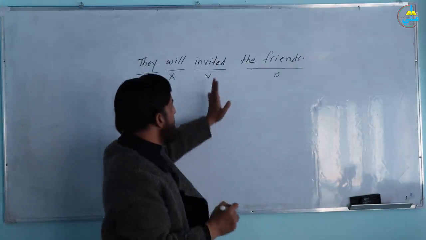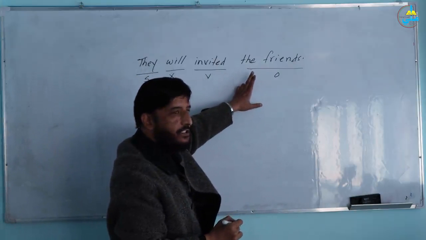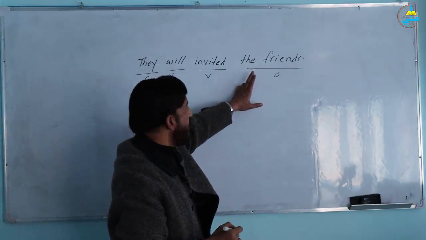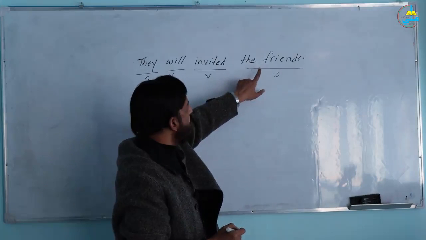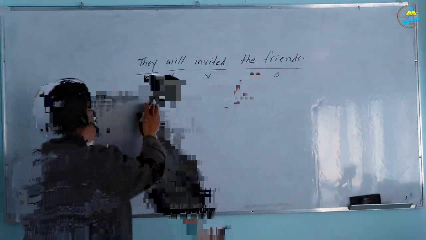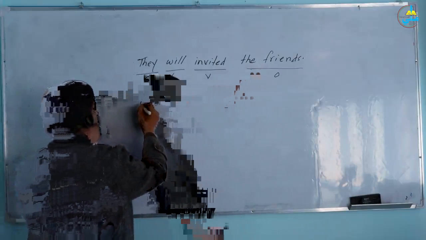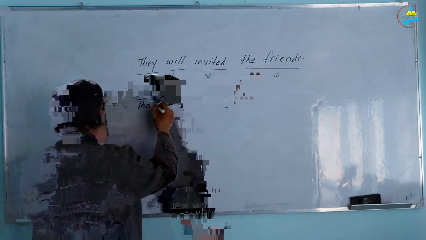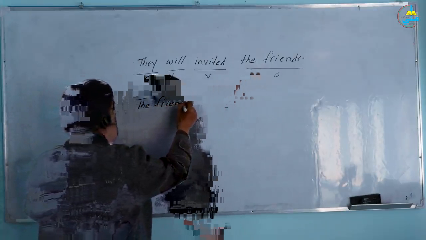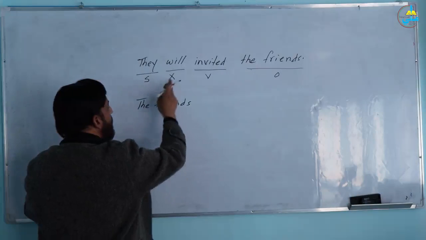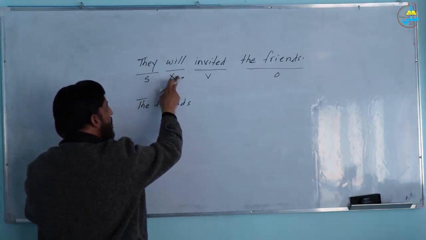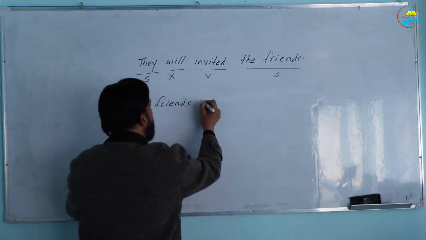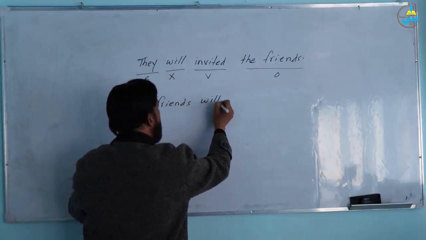So, since this sentence has an object, we can change it to passive. First of all, we bring the object to the front of the passive sentence: the friends. Since the active sentence has an auxiliary or helping verb, we use this will.